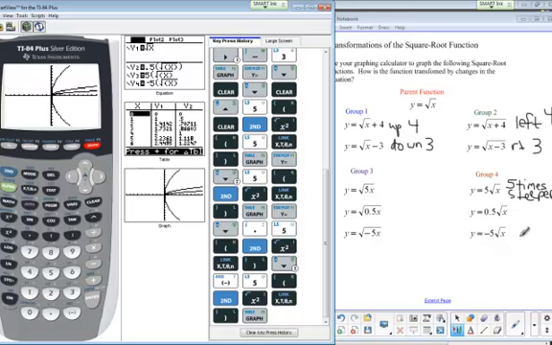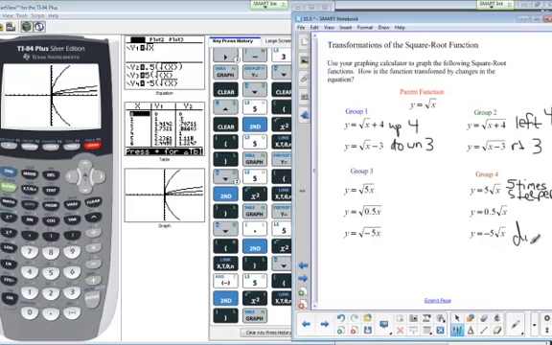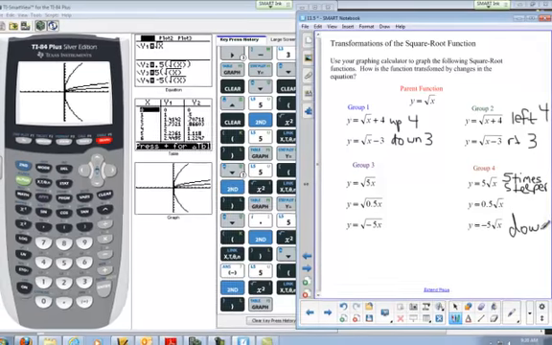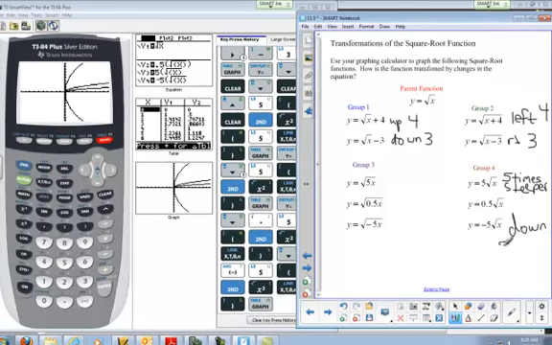And then the 0.5 is this little itty bitty one that cut it in half. So it's half as steep.